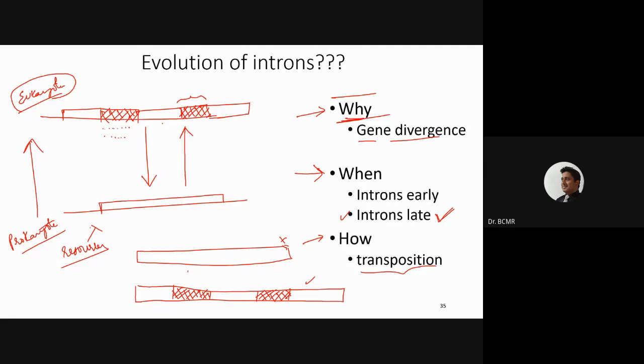So if there is a break here, right? If there is a break and repair within the intron, there is really no loss. If there is a break in the exons, within the exon, if there is a double strand break and repair, some bases might be added or removed, because of which the reading frame could be faulty.